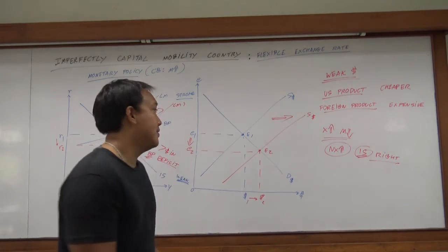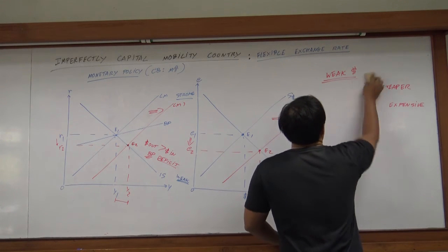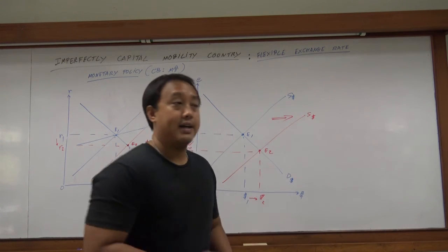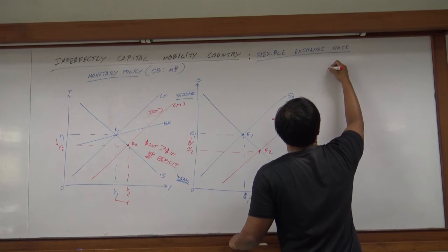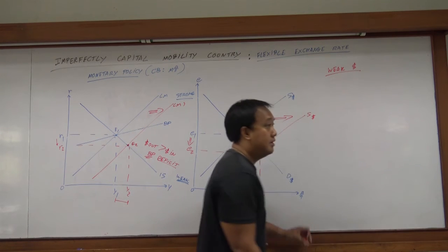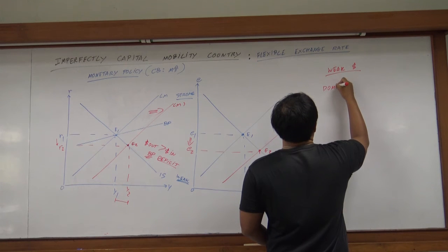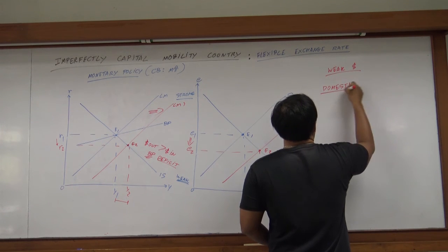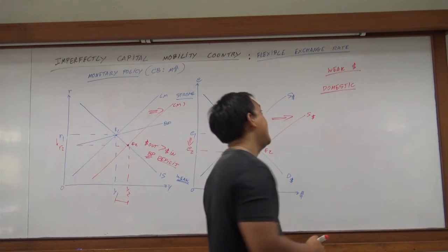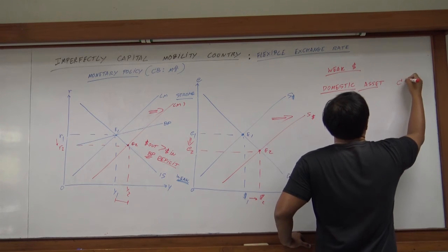How about the second effect? For the weak US dollar, what this means is that domestic assets, all the assets in the USA, are going to look cheaper.